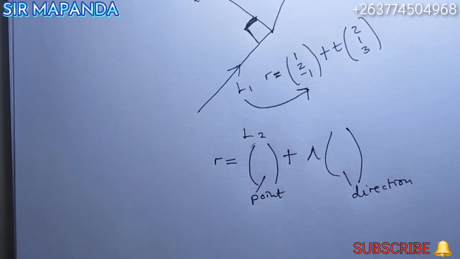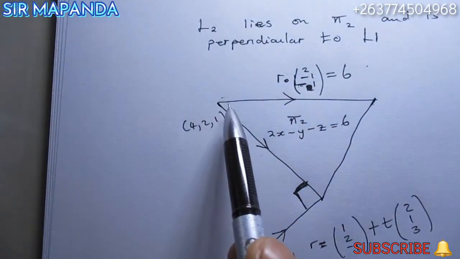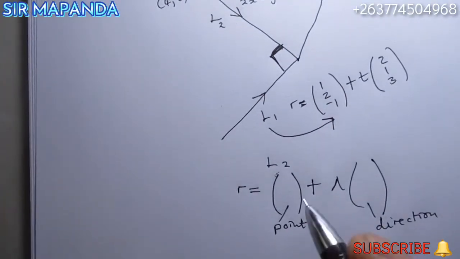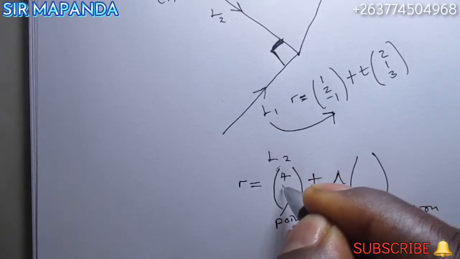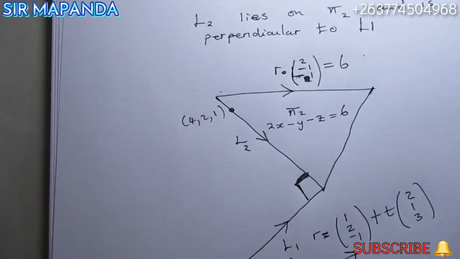I hope you are following. So the point we are given by the question is that L2 is passing through 4, 2, and 1. So I'm going to write 4, 2, and 1, since 4, 2, and 1 is a point which is lying on L2. I hope you are following. Right. So we now need to find the direction of this line L2.